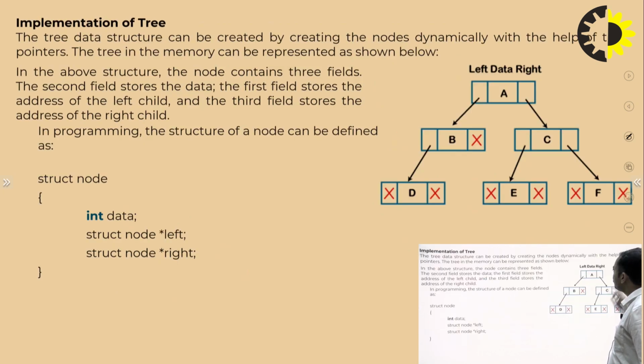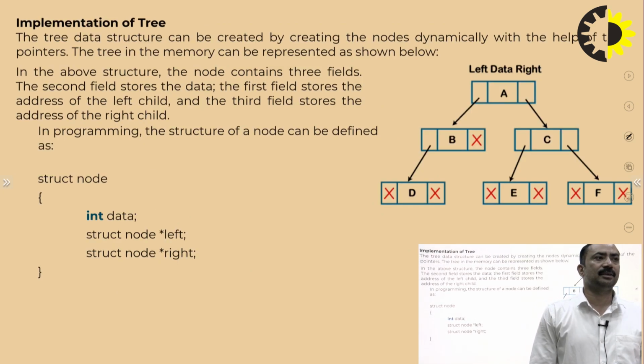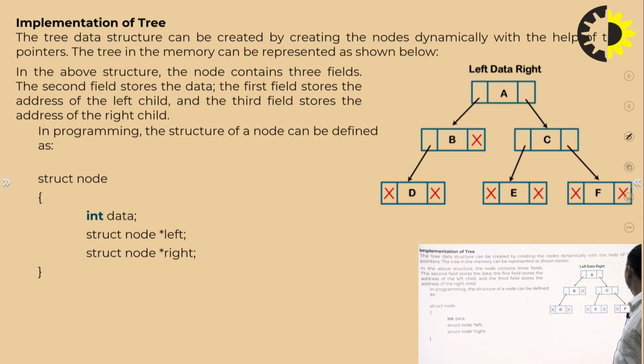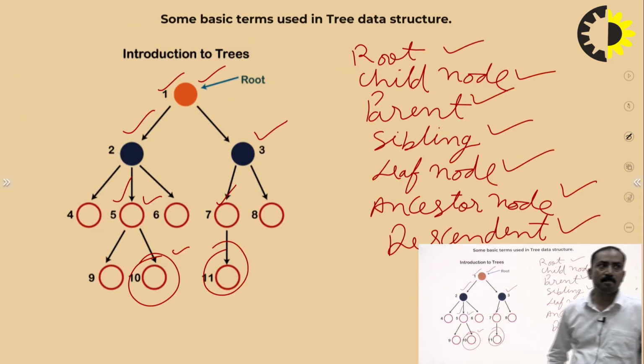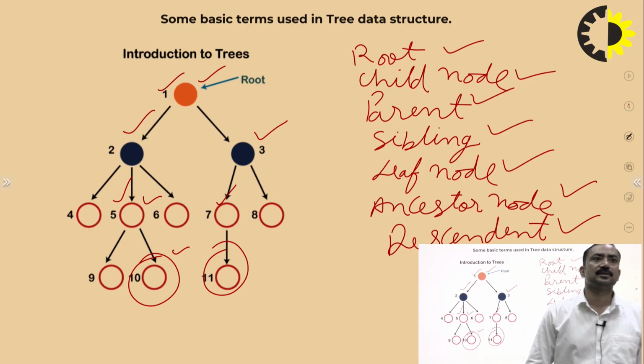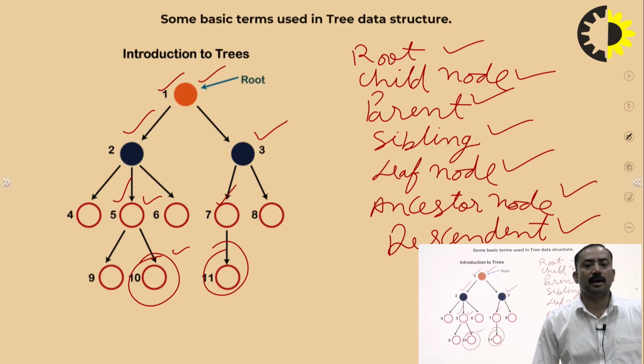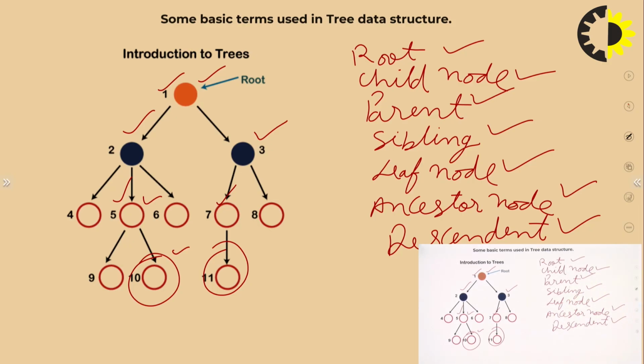Next, what is the implementation of a tree? Also, we can discuss the basic terminology. A tree is a recursive data structure. If there are n nodes, then there would be n minus 1 edges.